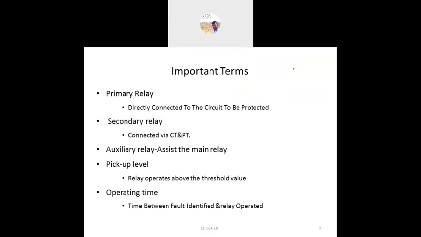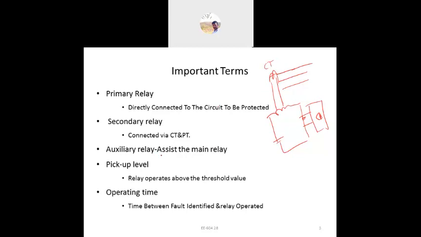If the main bus bar is there, the relay is connected to it, and there will be another connection to the CB. From the CT and PT the relay will come. That is the primary relay. The secondary relay is connected to the CT and PT through a different connection.